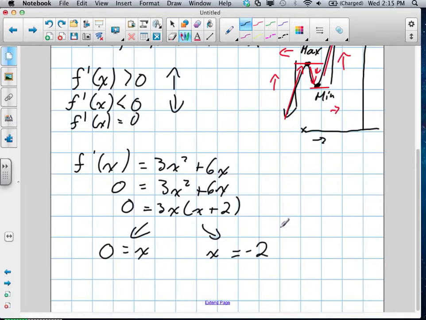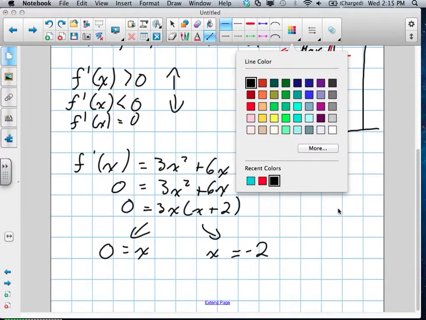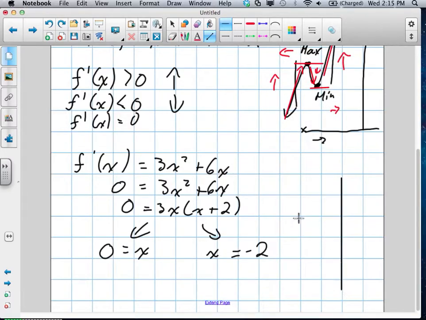Okay. So that means we have some function that has critical values at 0 and negative 2. Now what we're going to do is we're going to figure out if it's decreasing to the left of negative 2, because these being our critical values, let's again draw our Cartesian plane here.